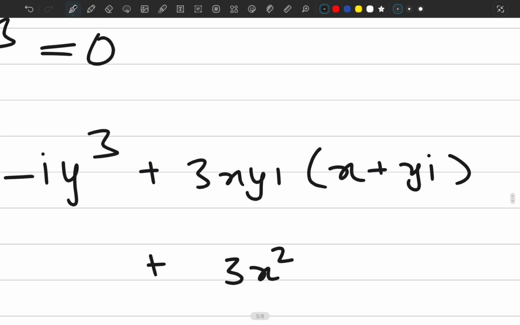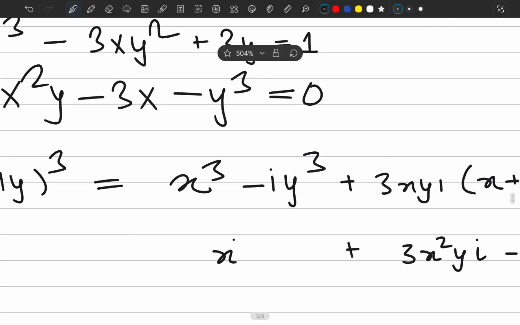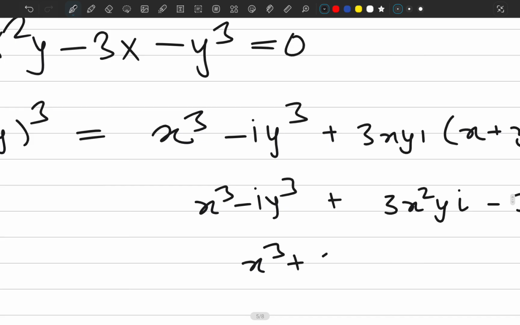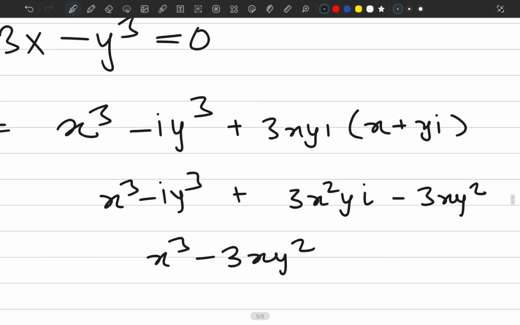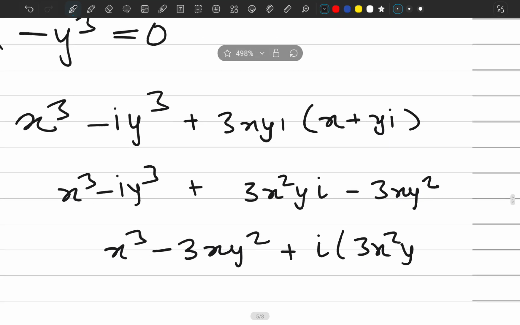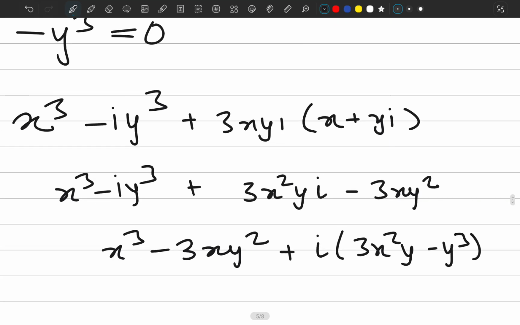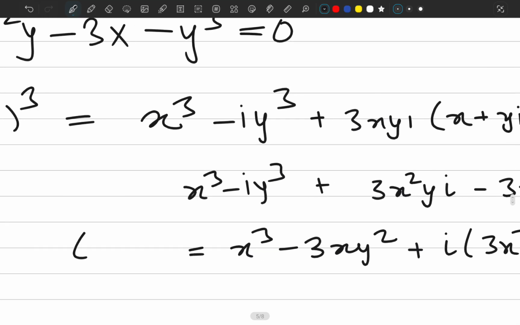This gives us 3xy square iota minus 3xy square, 3x cube minus iy cube. This will give us x cube minus 3xy square plus iota times 3x square y minus y cube equals x plus iota y.